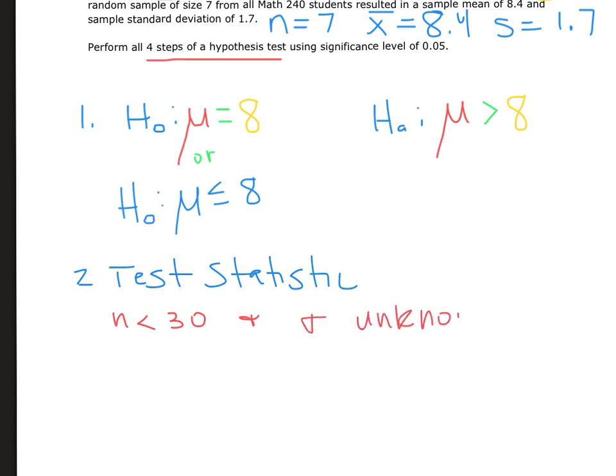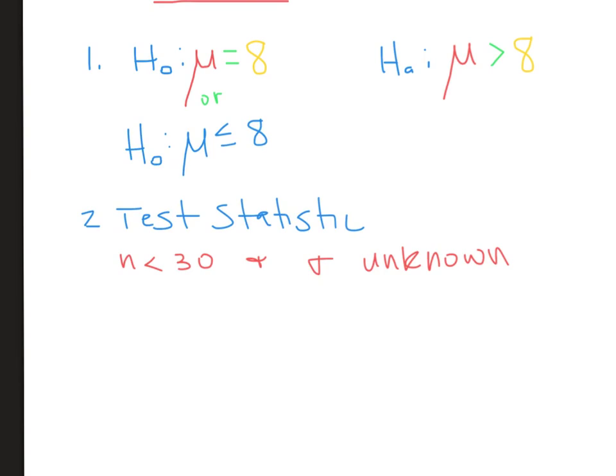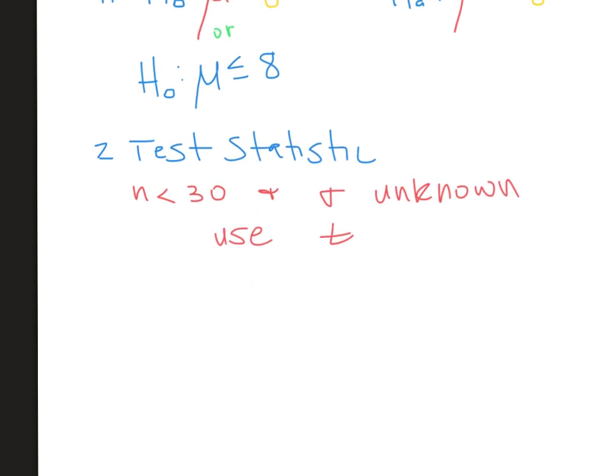We're not given the population standard deviation. We are going to use T. So our test statistic is whatever we get for x bar minus the value of mu in the null, so mu sub 0, over s, the sample standard deviation, over the square root of n.